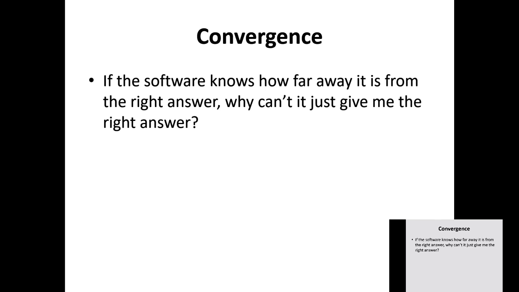If the software knows when it converges, why don't we get the solution at that point? No, it doesn't work like that. You have to solve time step by time step to come to that level. You don't know the end result now, so you have to do an iterative calculation to get the end result.